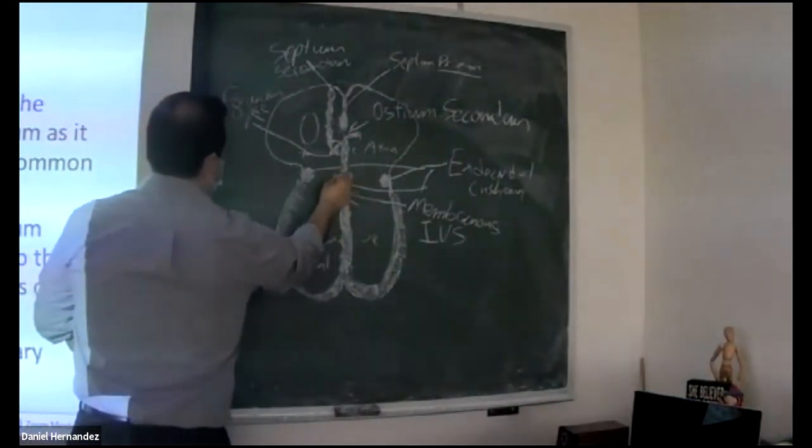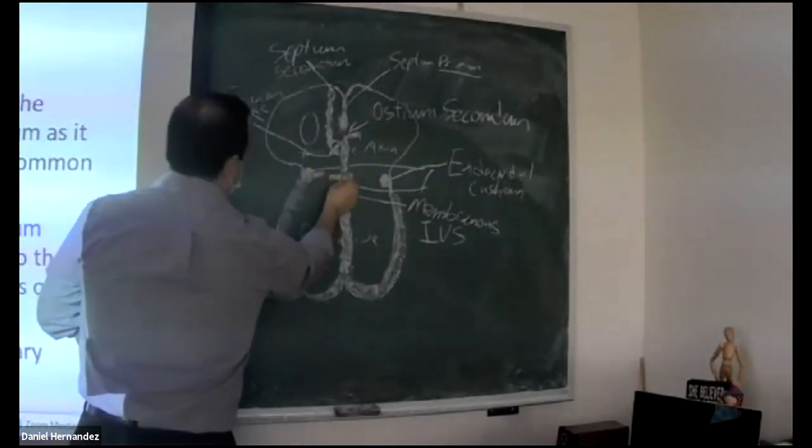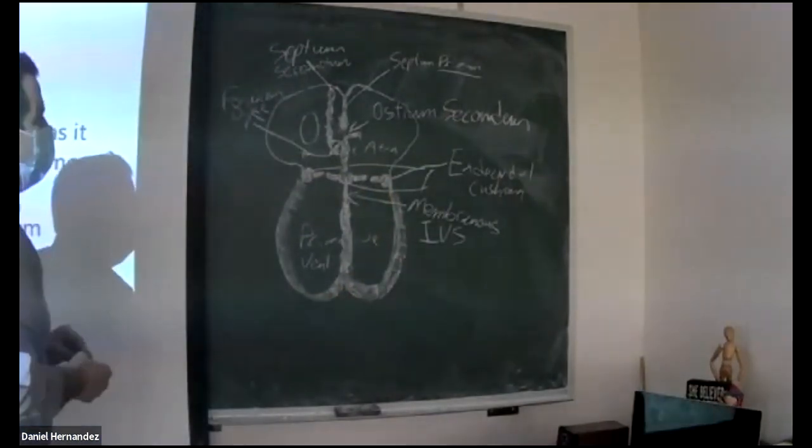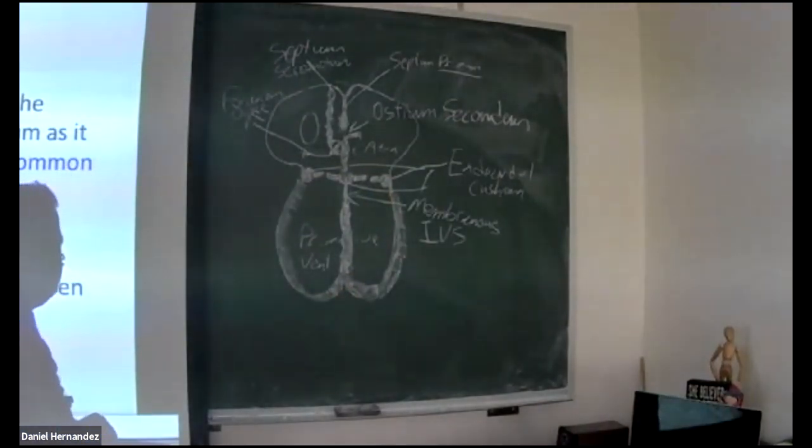While this is happening as well, those endocardial cushions are growing outward also to form our AV valves.